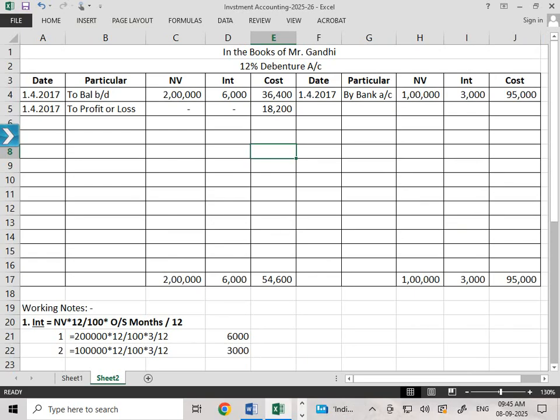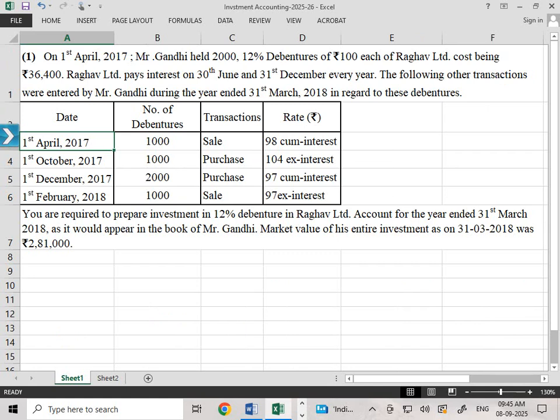Chalo. Now next one. So next is 1st October. But before that 1st October, 30th June is there. Okay? So on 30th June, we have to receive what? Interest.